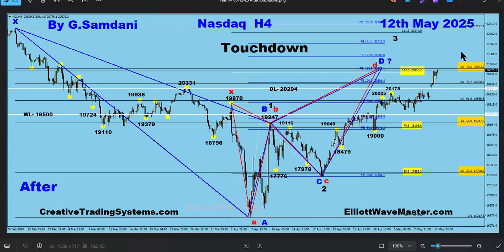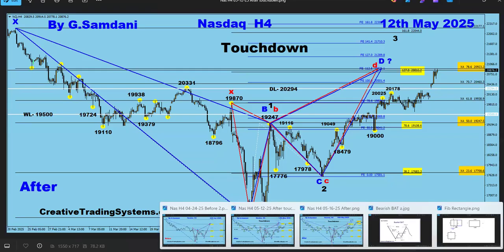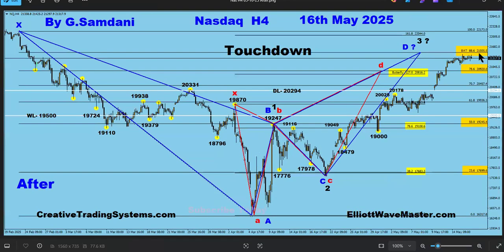So I drew another chart, I was watching it, and finally we went there. Even 215, the bat pattern calculation, 88% was here, 215.05, right? We are not quite there just yet, but very, very close to that number.